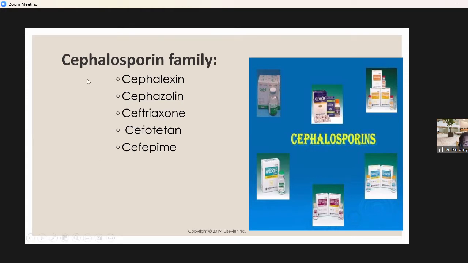Cephalosporins, very important, have cross sensitivity with penicillin. So if your patient is allergic to any penicillins, ampicillin, amoxicillin, then you cannot give cephalosporins to this patient. If a patient is allergic to penicillin, the patient can never take cephalosporins. Instead, you can give, for example, erythromycin, azithromycin. These medications are substitutes for penicillin.